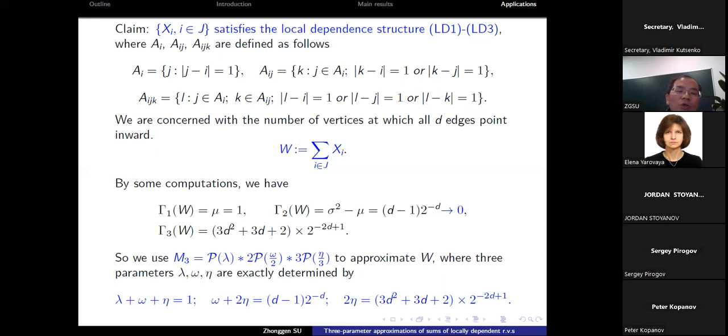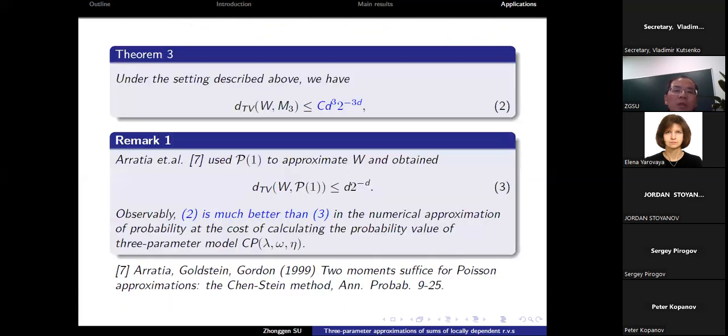So we use M3 to approximate W. So we have the following result. The total variation distance between W and M3 is bounded by this, as in formula 2.